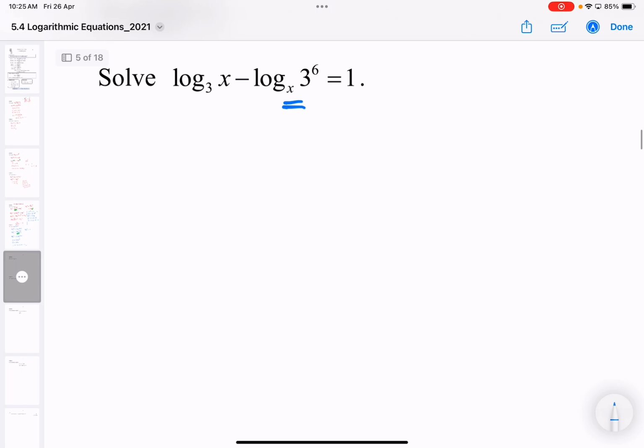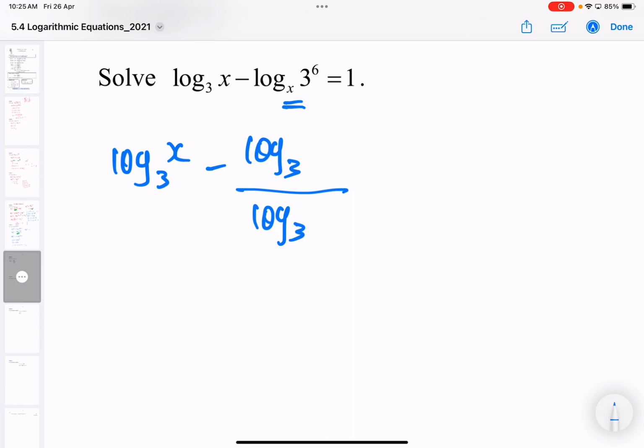So here, you're going to write log base 3 of x. We're not going to touch this one. The next one, let's change it to base 3. So log base 3, and the top one I'm going to put 3 to the power of 6, the bottom one I'm going to put x.